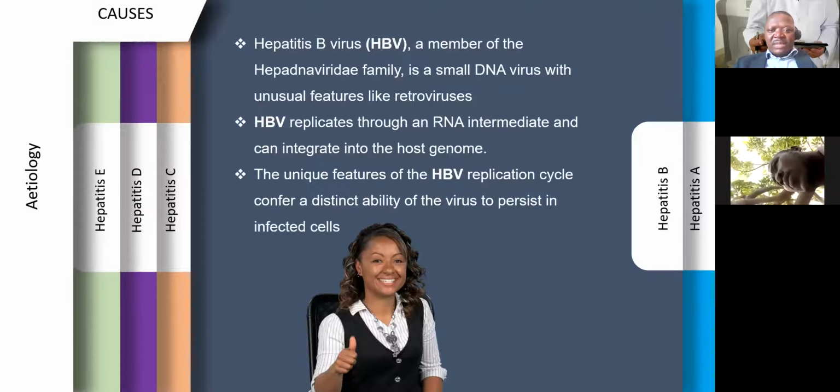The unique features of the hepatitis B viral replication cycle confer a distinct ability of this virus to stay in infected cells. Now, this will imply a lot when it comes to the reason why it is very difficult to clear the virus from the system. But the scenario for acute hepatitis B is a bit different from chronic hepatitis B infection.